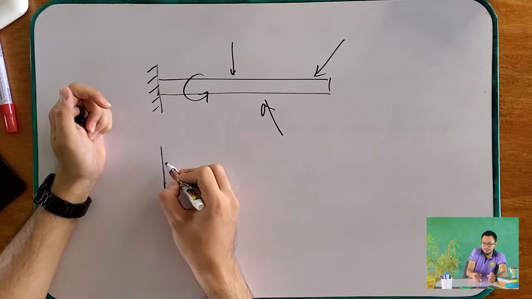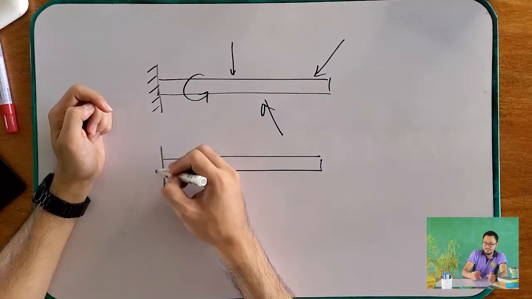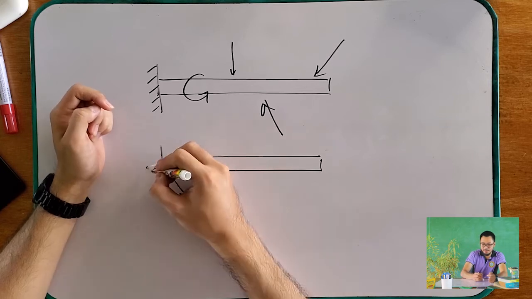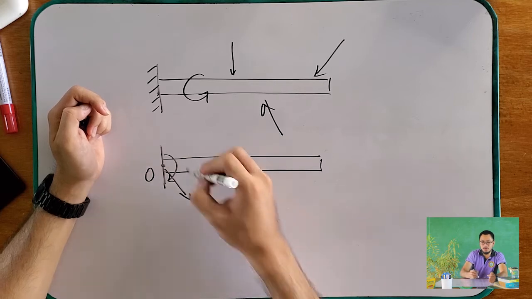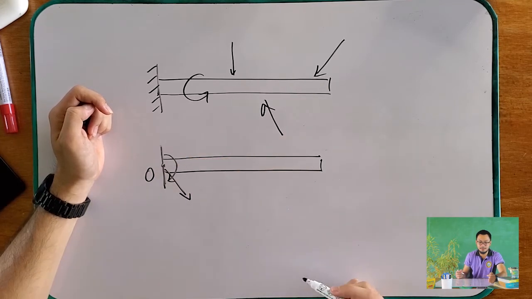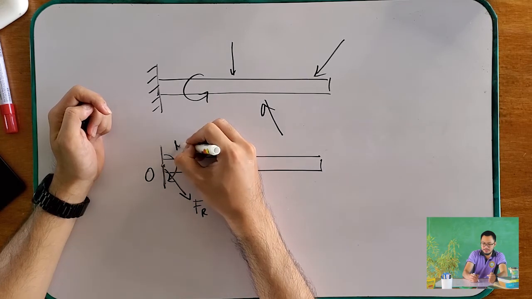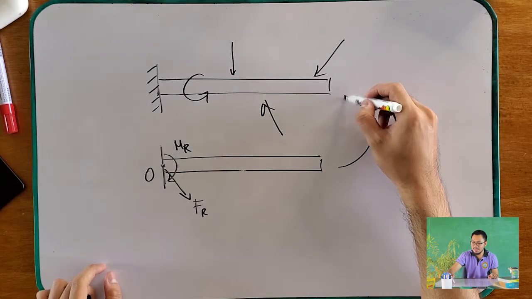So, say for example, this one here, we can reduce into a single resultant force acting at point O, and there is also a moment at point O. Okay? This is FR, and this is MR. These two have the same effect on our beam. All we did was simplify.